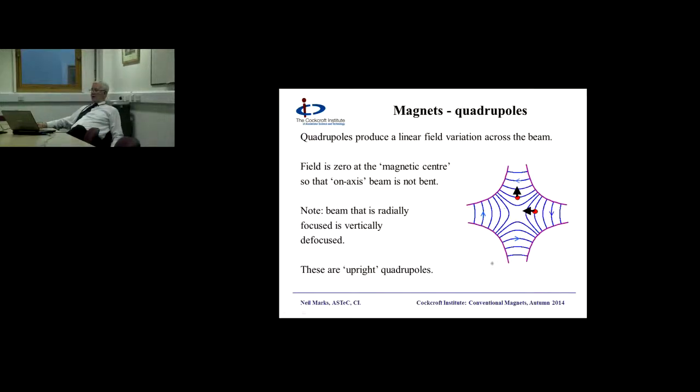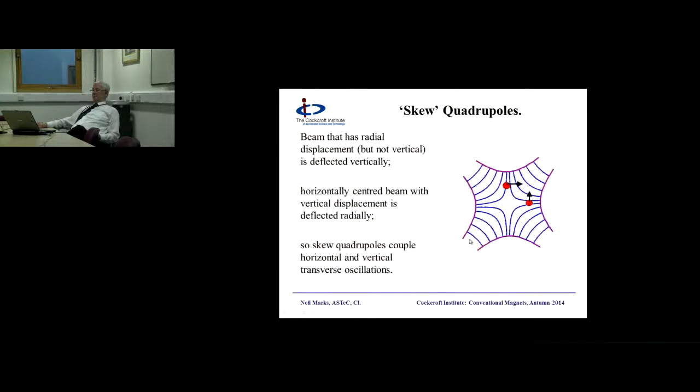But notice we're going to refer to these as upright quadrupoles, so the quadrupoles where the poles are at 45-degree angles. And we'll come on in a little bit to quadrupoles that are not upright quadrupoles. These are the skew quadrupoles, where the poles are vertically and horizontally disposed with respect to the centre of the beam.